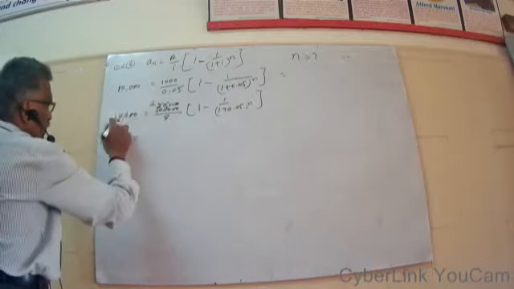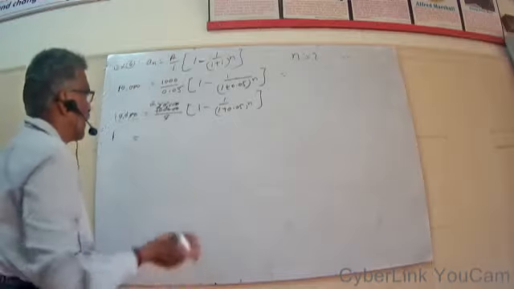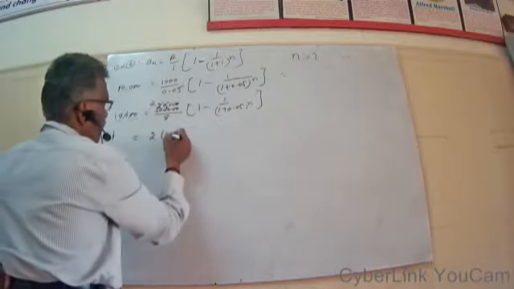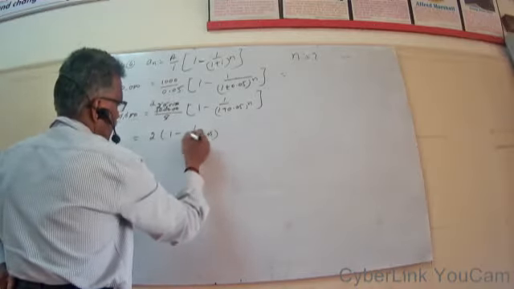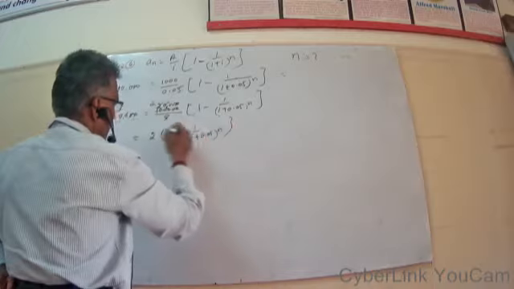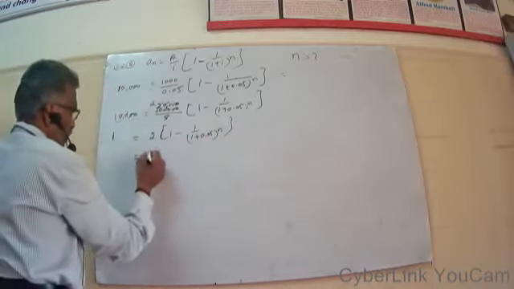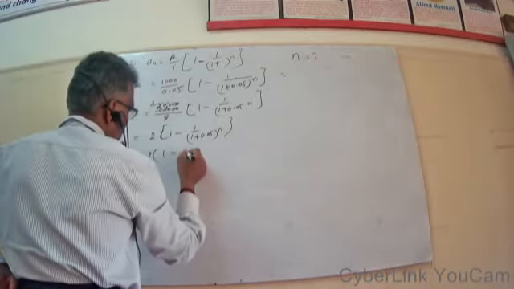It becomes 1 here, and 20,000 divided by 10,000 becomes 2. So 1 equal to 2 into 1 minus 1 upon 1 plus 0.05 raised to n, or this equal to 2 into 1 minus 1 upon x.